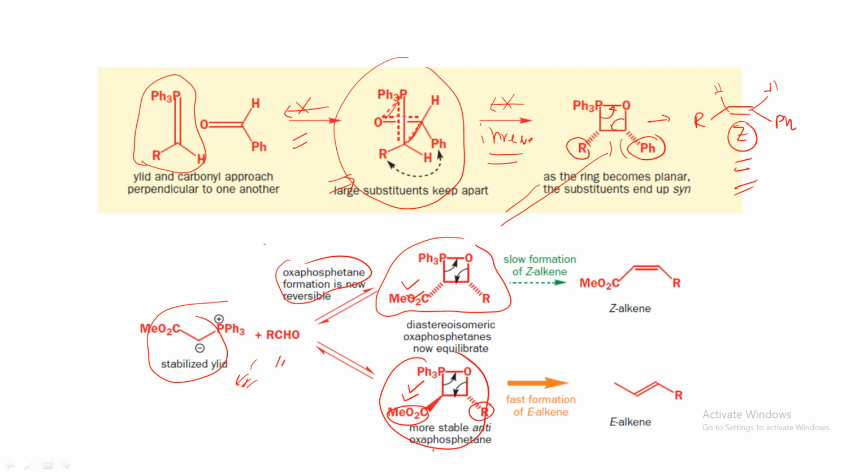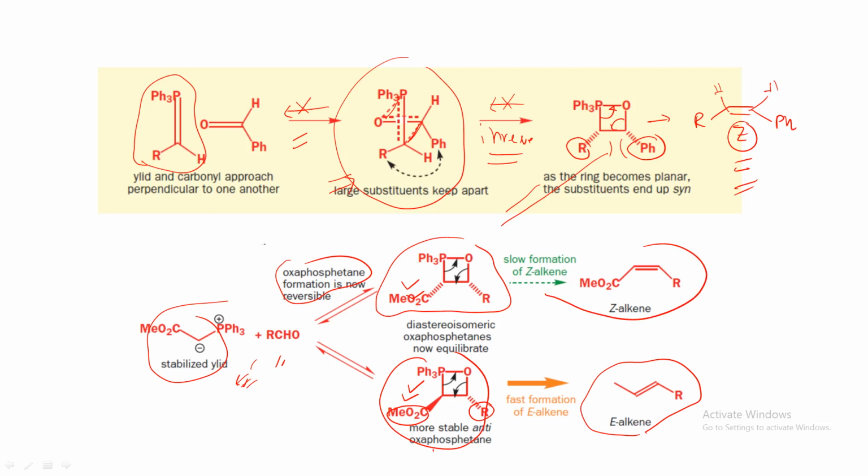And now from here, when we do the disconnection, we would generate this E alkene in major amount compared to this Z alkene. So this is how the selectivity comes from the ylides.